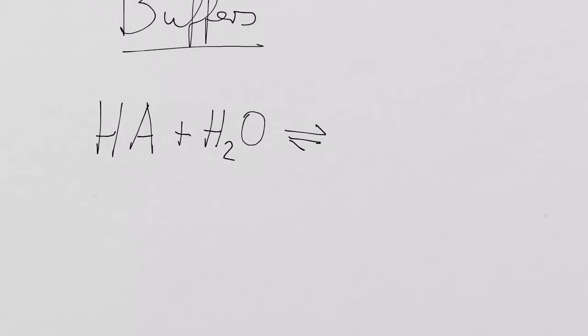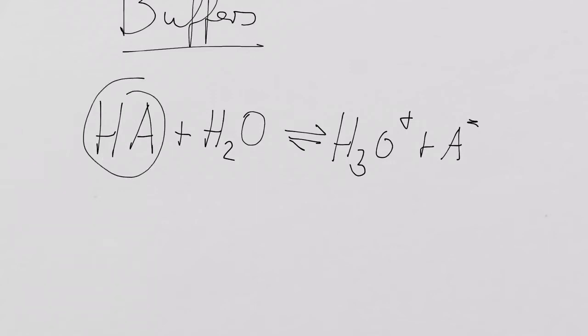We will talk about equilibria a little bit later in the year, what it actually means. For the time being, we'll just simply say it is H3O plus A minus. We said that is our acid.